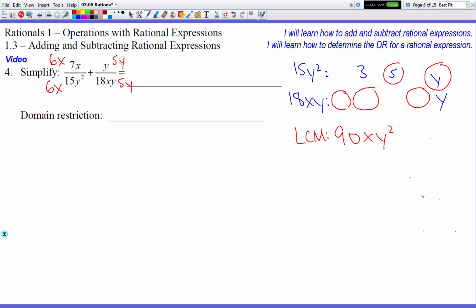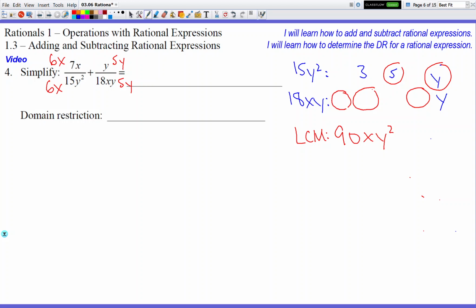All right. Just notice this. I have to do domain restriction. We have to do domain restriction because we have letters on the bottom. And because we have letters on the bottom, we're not allowed to have any of those letters turn into a 0. Because if any of those letters turn into a 0, then it's going to have a 0 on the bottom of the fraction, which is pretty much illegal. We're not allowed to have zeros on the bottom of fractions.